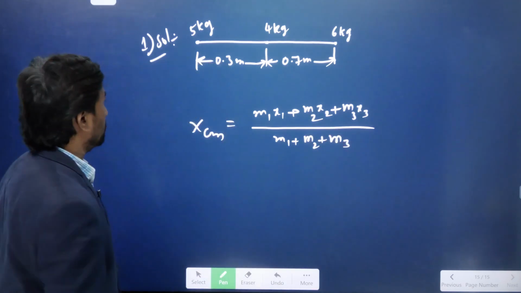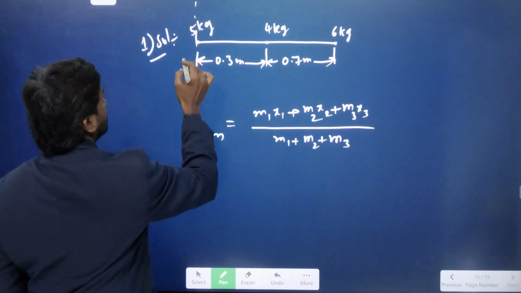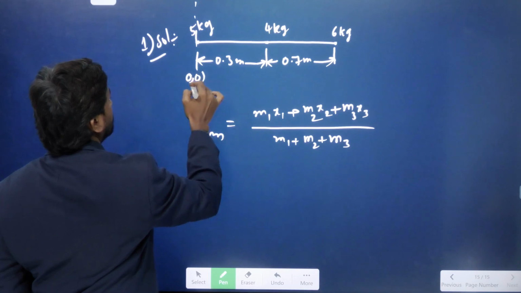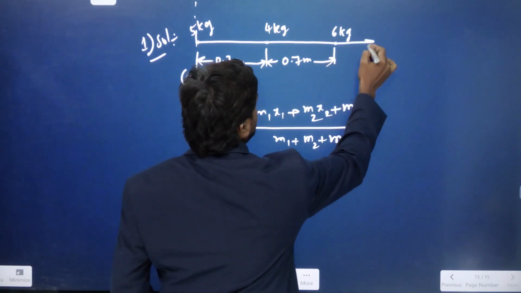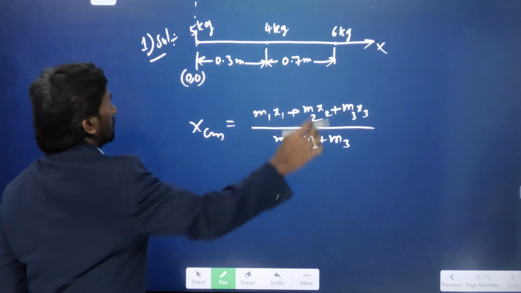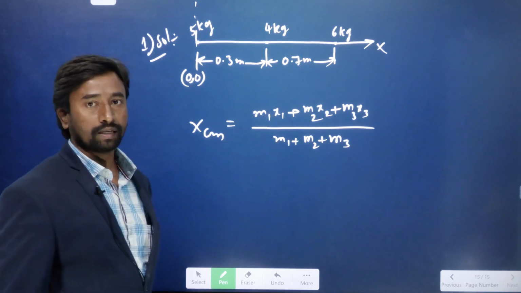Now we should consider this 5 kg mass of the body at the origin, 0, 0, and this is the x-axis. So the 3 particles are displaced along the x-axis.